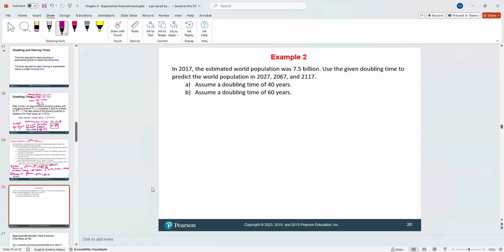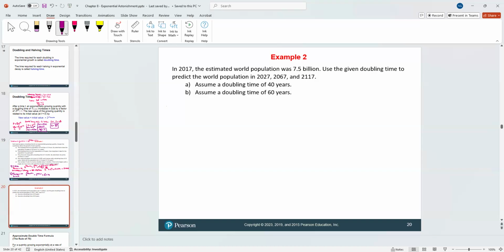Use the given doubling time to predict the world population in 2027, I mean 10 years later, 2067 and 2117. Assume a doubling time of 40 years. Now, what they ask you to do for these particular examples is really to verify the time it would take to double.